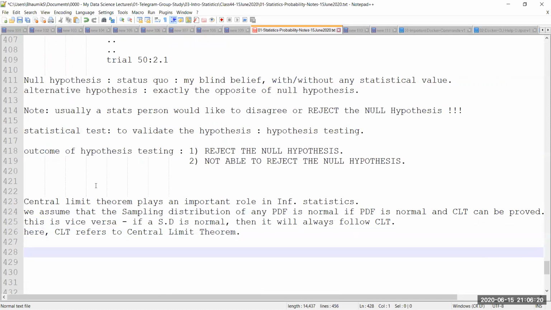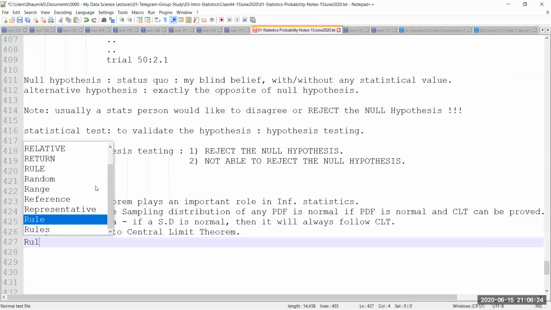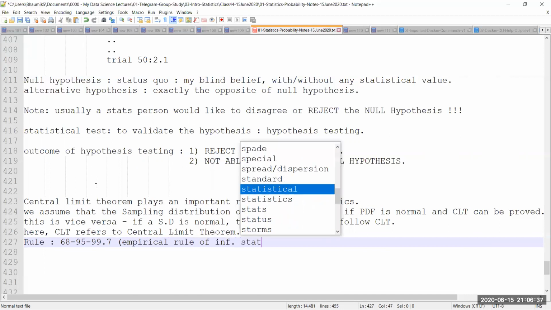Right? Then we looked into the essence of the rule that defined the 68%, 95% and 99.7% distribution of the data, which is otherwise known as the empirical rule of inferential statistics.